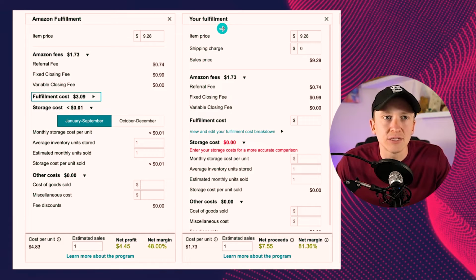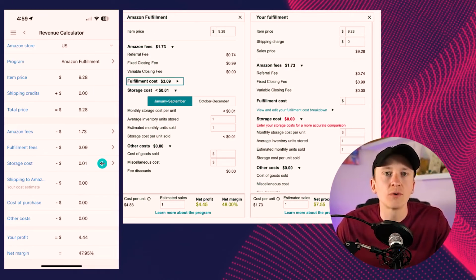The right-hand side is your fulfillment if you're doing fulfilled by merchant. But again, this is Amazon fulfillment, same item price, referral fee, closing fee, variable closing fee, any fixed fulfillment costs, storage costs, etc. And this is where you can put your cost of goods sold and your miscellaneous costs like prep and whatnot. So you can see the same information, whether it's on the phone or on the desktop. This is how Amazon operates.